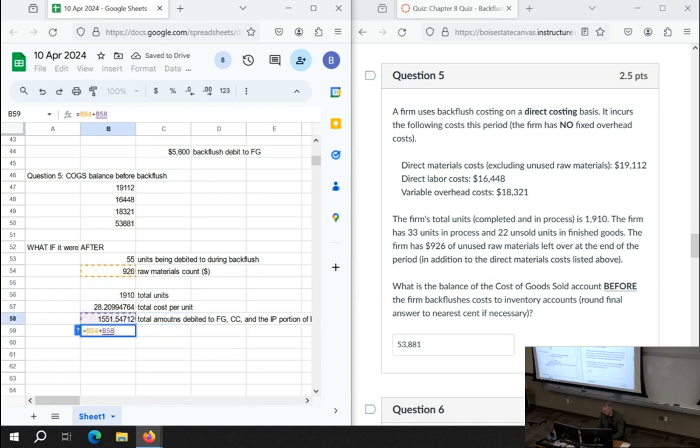We add in that raw materials, and now this is the total debit. So if we take that away from our cost of goods sold balance before the backflush, this will be our cost of goods sold balance after backflush.